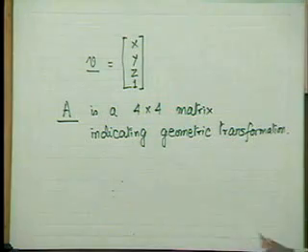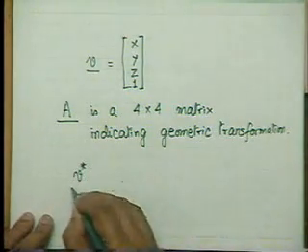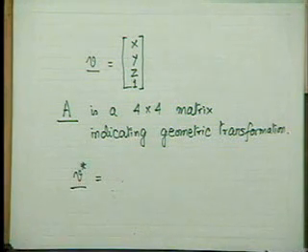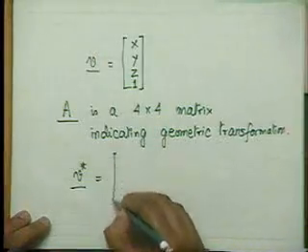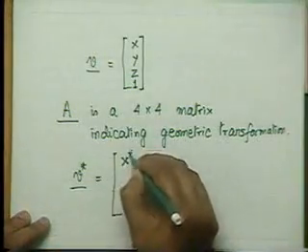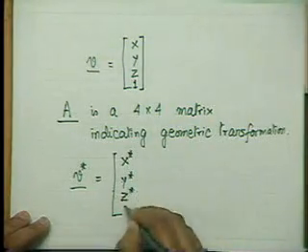And this V star is yet another column vector, having 4 elements, and this will denote the transformed coordinates. Means after undergoing the geometric transformation, its coordinates will be X star, Y star, Z star, 1.